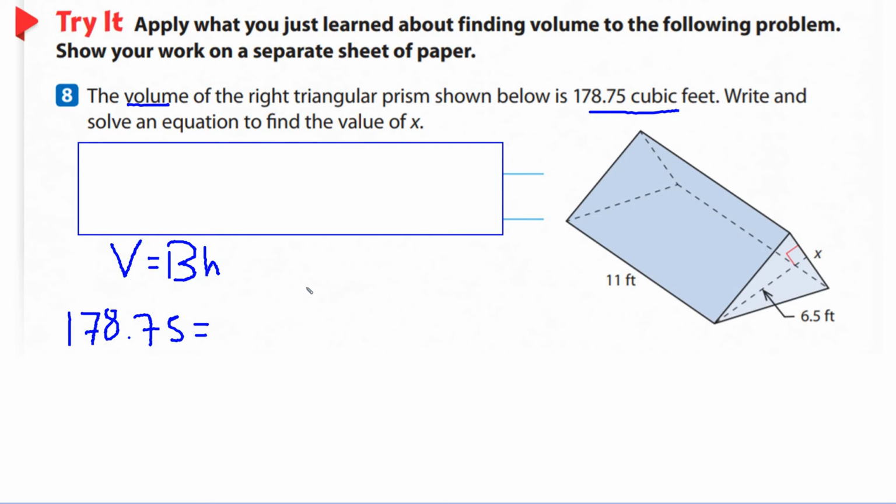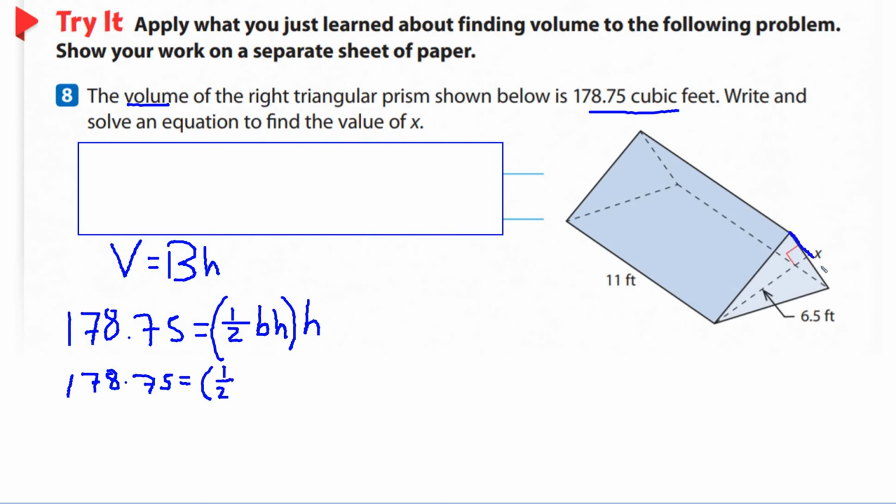The base is 1/2 times base times height for a triangle, right? Times the height. So let's see what they give us again. 178.75 equals 1/2 times the base.